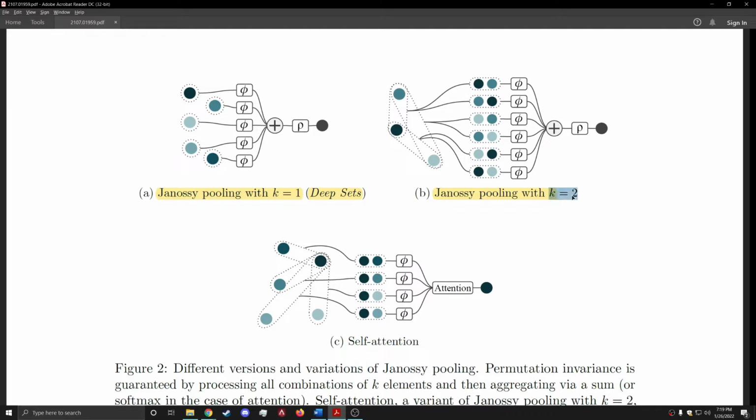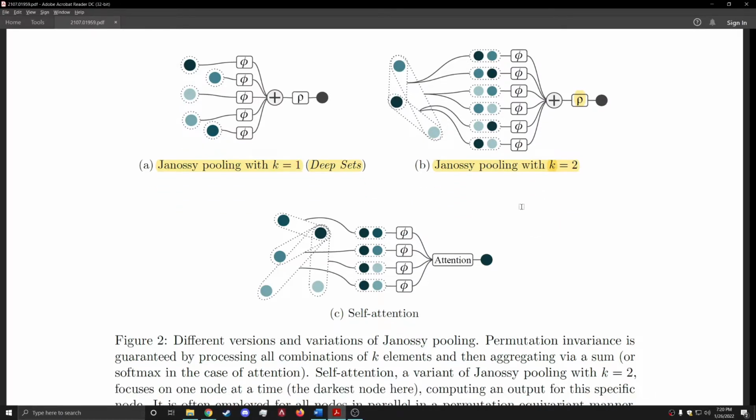However, with k equals 2, that's going to be intrinsic in the latent space itself. Rho is not going to have to learn that from scratch. It's already going to have a lot of the information built in. So k equals 2 is much more powerful than k equals 1.